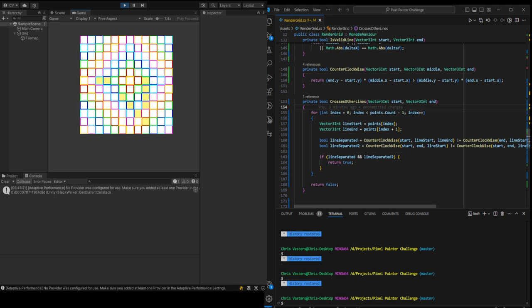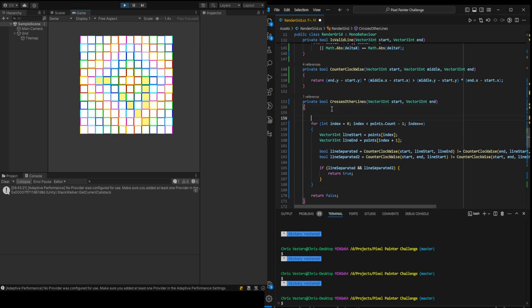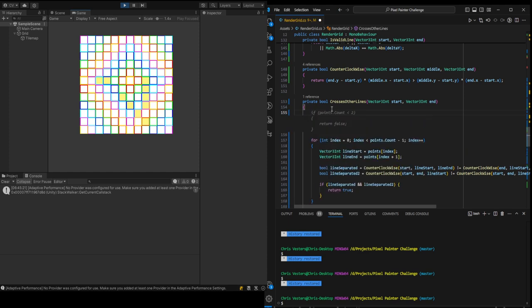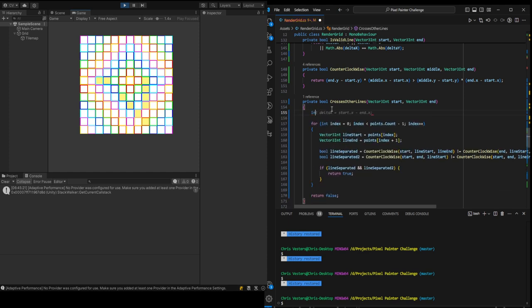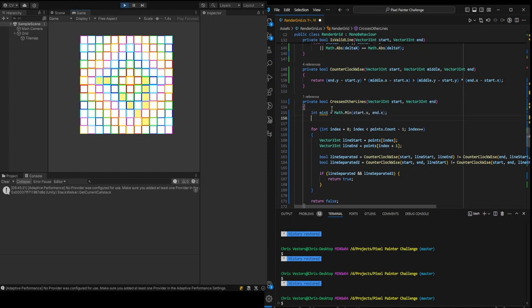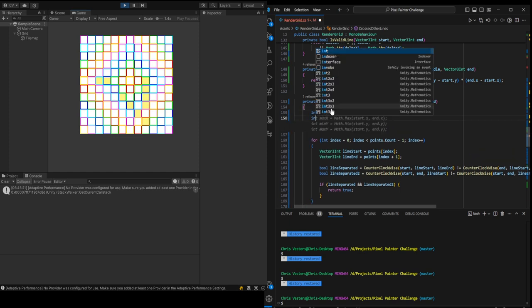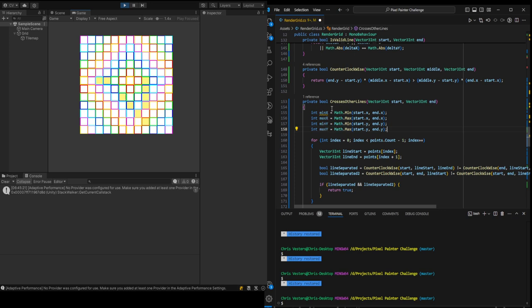Hence, which brings me back to what I had first, where I say int min x. So now this, I mean, if a line is like this, then the min and max of y is the same.